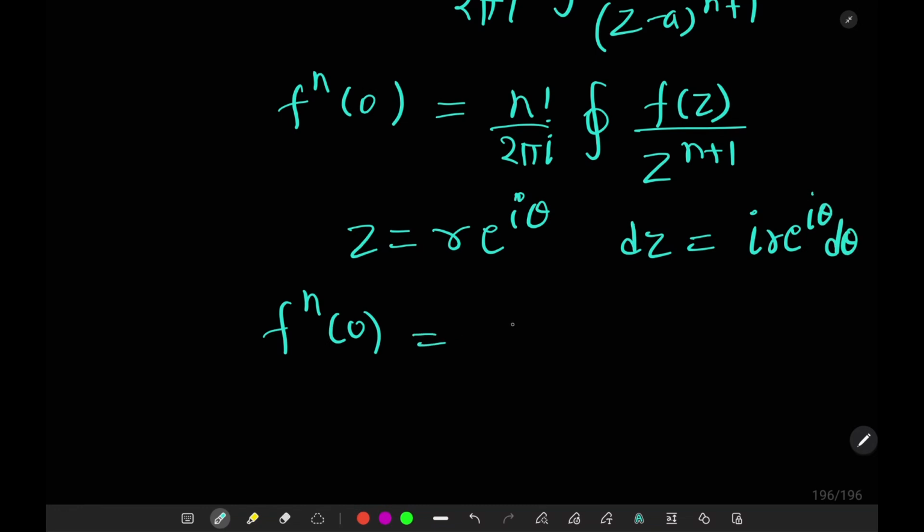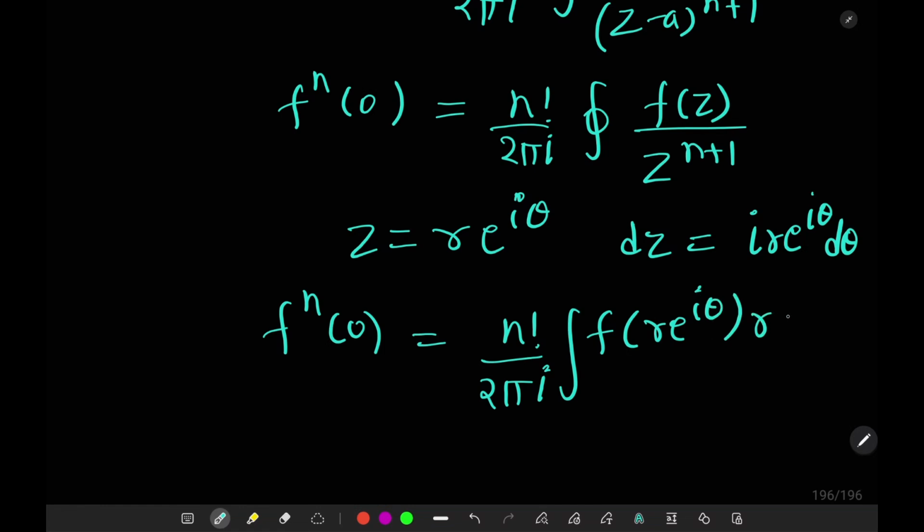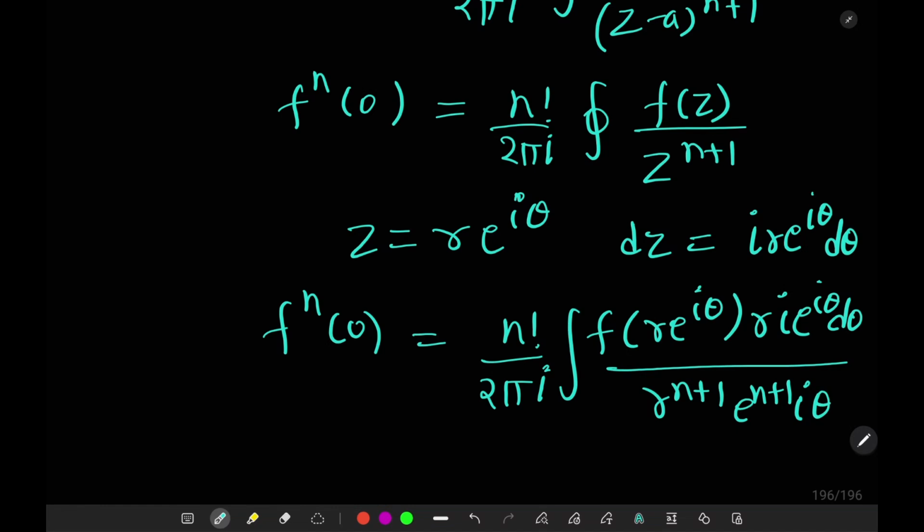Now putting this value in this integration, r into iota e raised to power iota theta d theta divided by r raised to power n plus 1 e raised to power n plus 1 iota theta.